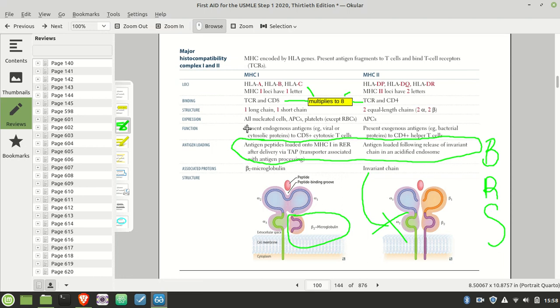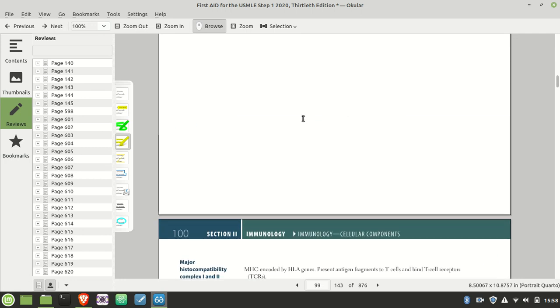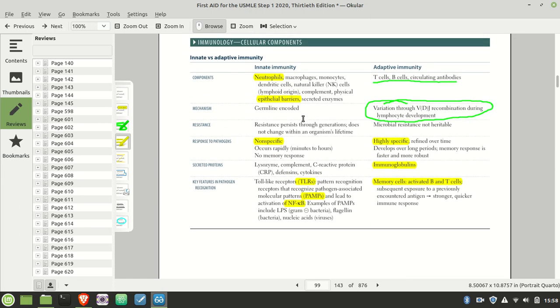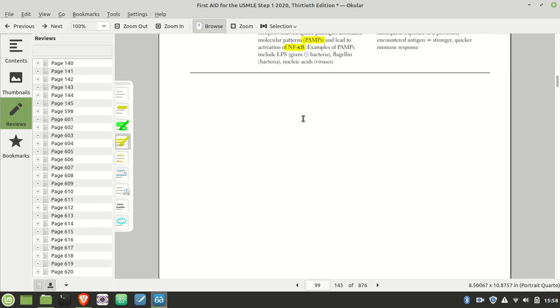Fantastic. Alright, so what's the last thing that we didn't mention? Well, the only thing really is that all nucleated cells, except of course red blood cells, have MHC1 on them. And that's huge, because you'll start looking at certain cells looking for things that don't have MHC class 1 on them and just start attacking them.